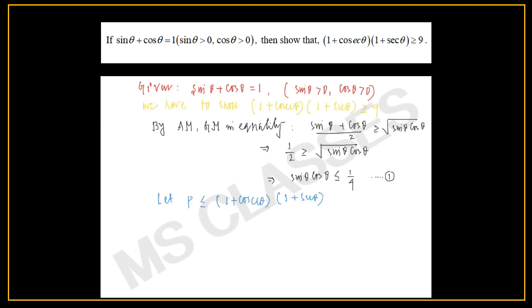There we say P is the minimum value of this expression. Now if we simplify this a bit, we get P less than or equal to (1 plus 1 by sin theta) into (1 plus 1 by cos theta).